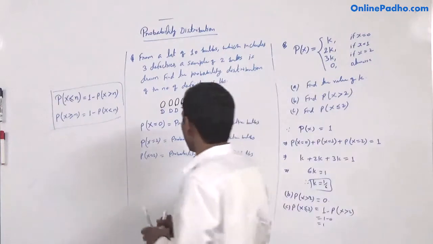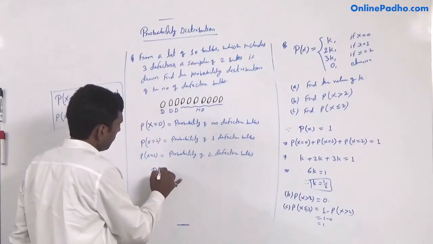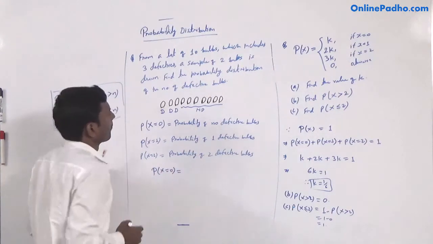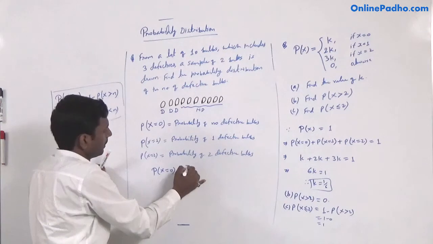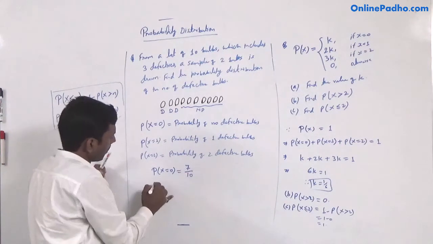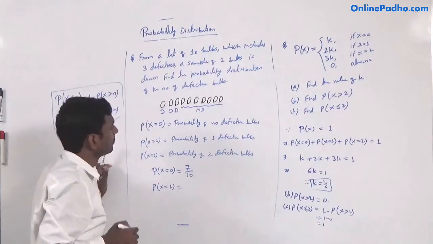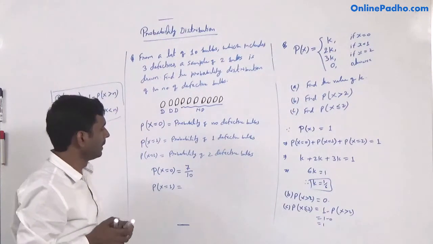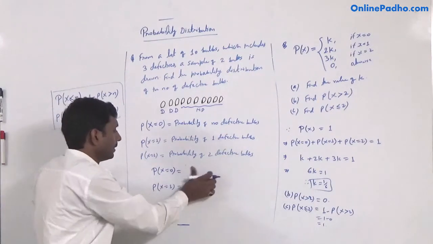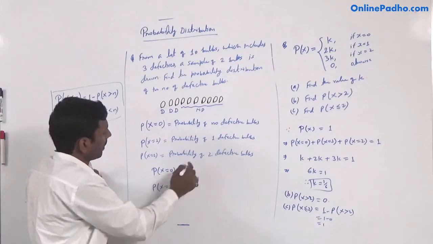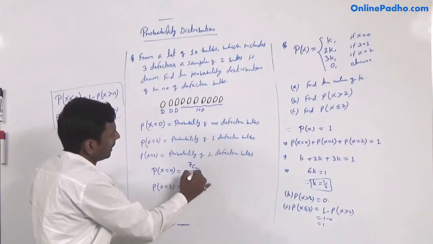So how can we find probability of x equal to 0? Probability of x equal to 0 means no defective bulbs. So non-defective, how many? 7. If we select 2 non-defective bulbs, it will be 7C2 by 10C2.